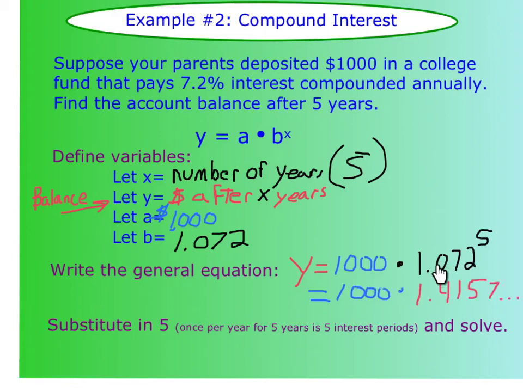So, first thing you do exponents. When I did that, I ended up with this. Again, do not clear your calculator. Multiply it to 1,000. Here it is. You end up with $1,415 and about 71 cents. I rounded. So, you know, in 5 years you made $400. That's okay. That's pretty good.